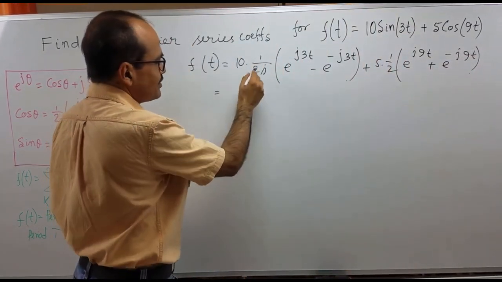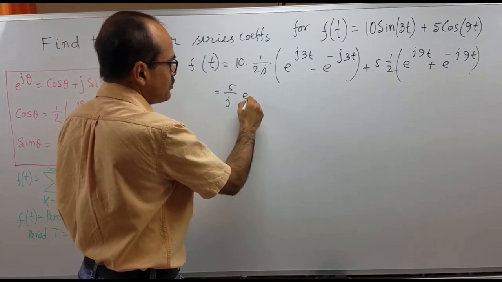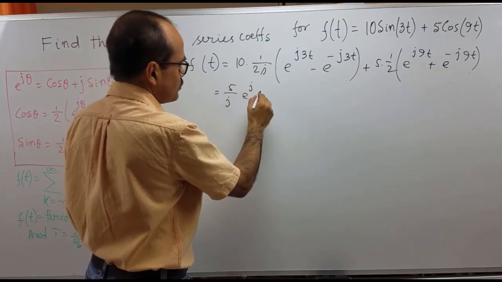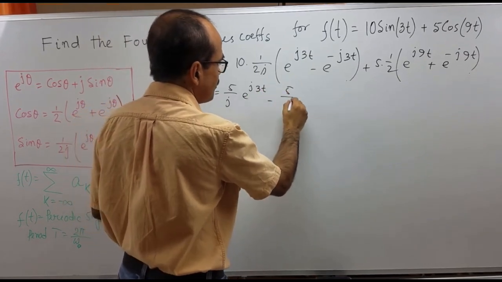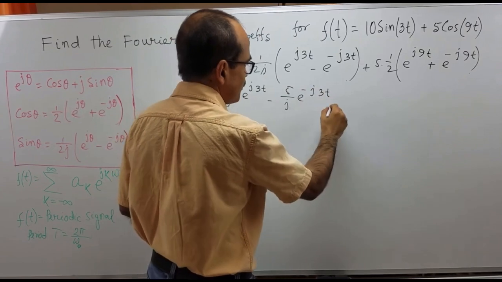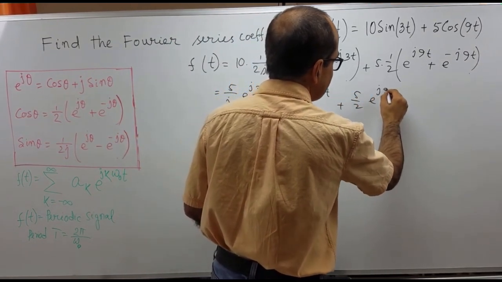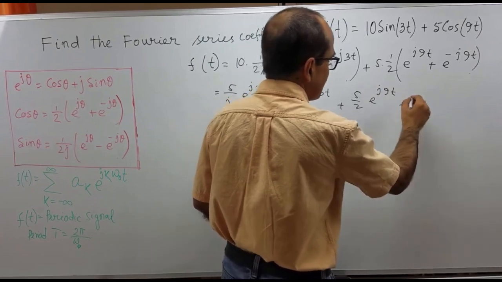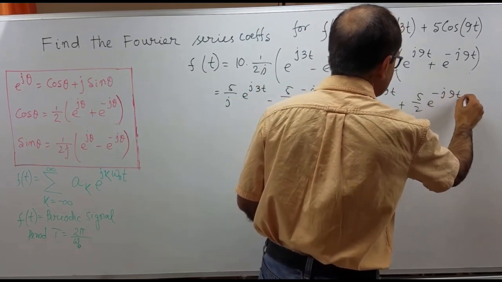So this is 10 over 2j, that is 5 over j e to the power j3t, minus 5 over j e to the power minus j3t, plus 5 over 2 e to the power j9t plus 5 over 2 e to the power minus j9t.